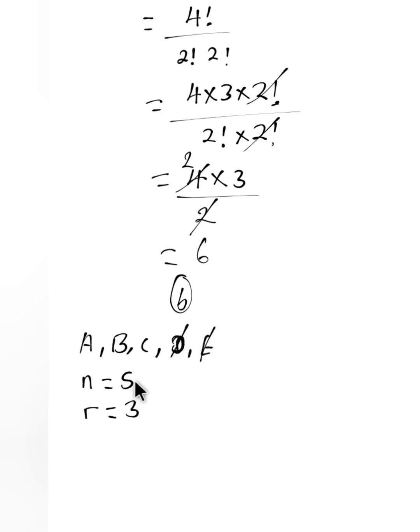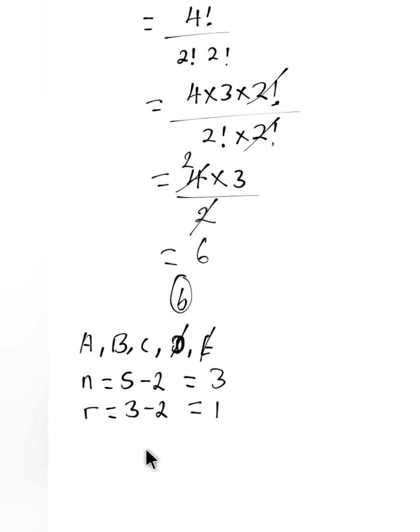So, we are going to choose the last member from A, B, and C. So out of this 5, we'll subtract 2 from it because D and E are already chosen, and we're left with 3, which are A, B, C. We're going to choose 1 from this A, B, and C. And we required 3 before, but now since 2 are chosen, we'll subtract 2 from it, we're left with 1. So out of these 3, A, B, C, I'm going to choose 1.